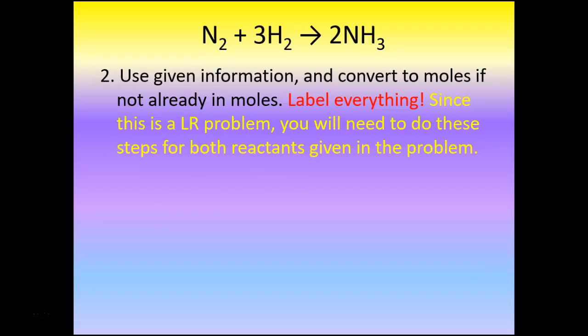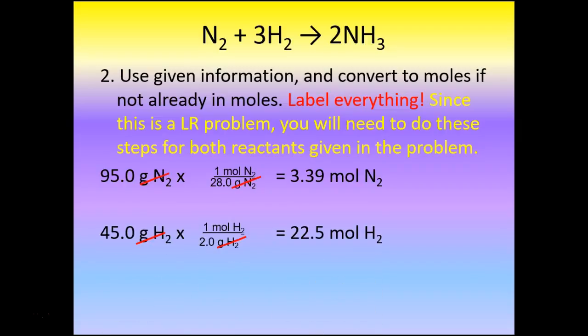I would normally do these line by line, like I would do the nitrogen all out to ammonia, and then do the hydrogen all out and then to ammonia. So there's the converting to moles, and I'm going to do that for both of these. And again, you can pause at any given point in time to try the calculations yourself, and I strongly recommend that. So find moles if you don't already have moles.